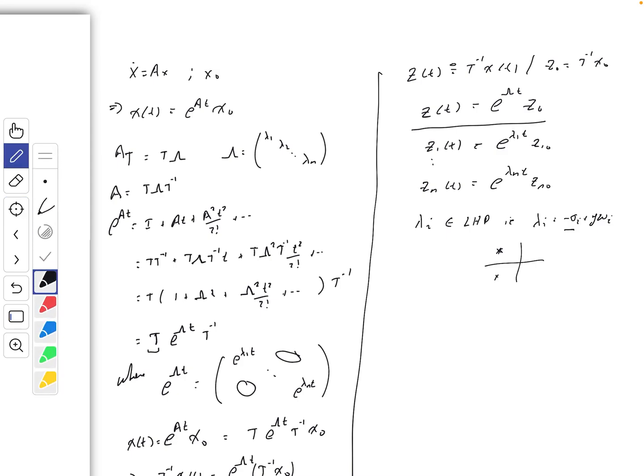Now, if we come back here, notice that when we write it like this, we could also write x of t is equal to T z of t.